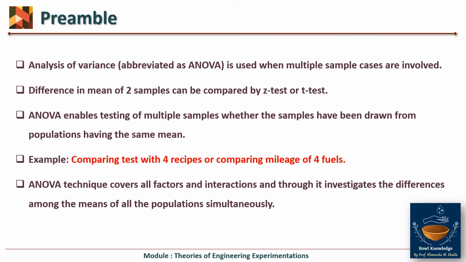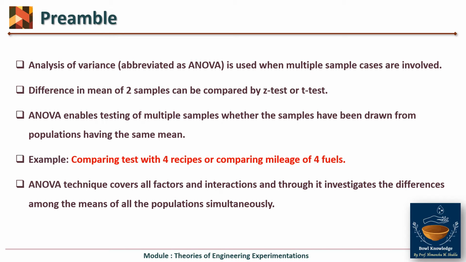So going through the preamble, ANOVA is the abbreviation of analysis of variance, which is used when multiple sample cases are involved. In any of your study, in any of your research, if you are taking a number of samples, I am not talking about the number of readings, that is one sample.